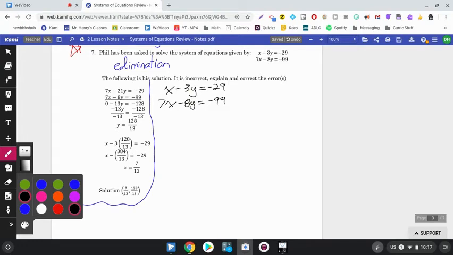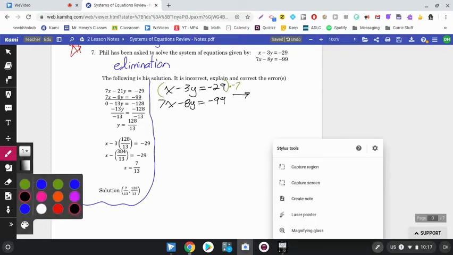Okay, and you'll notice what Phil did is Phil got it to 7x, and then subtracted the equations. That's totally something we can do. I always just prefer to add them. So what I'm looking at is the x and 7x. I could easily turn this x into a negative 7x if I multiplied by negative 7, okay?